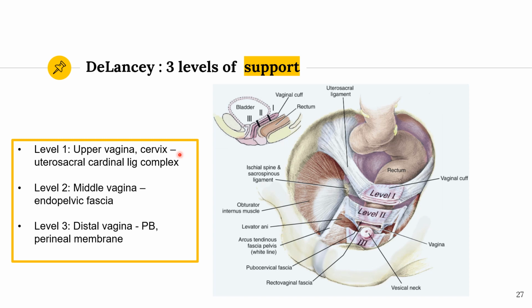Maybe an analogy to help us remember better is that the muscles behave as the main actor or main actress for this pelvic floor support movie, and the endopelvic fascia as the supporting actress. Even though they're just supporting, without them, we can't produce the movie.